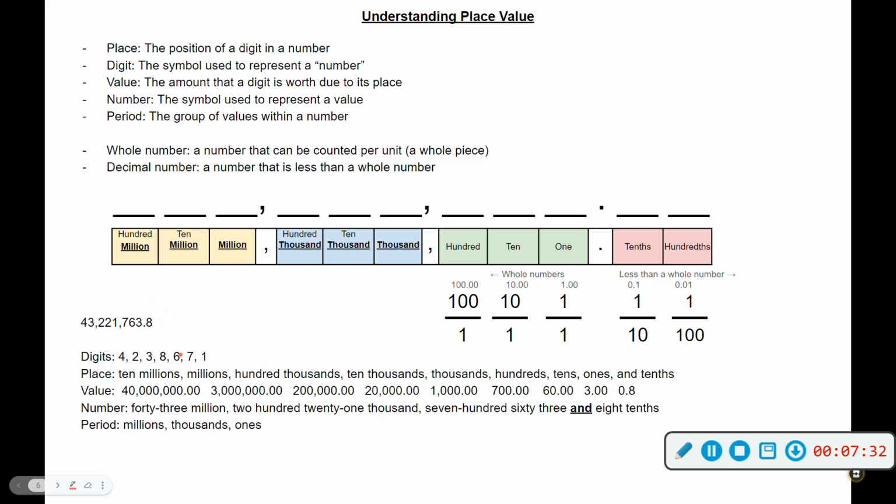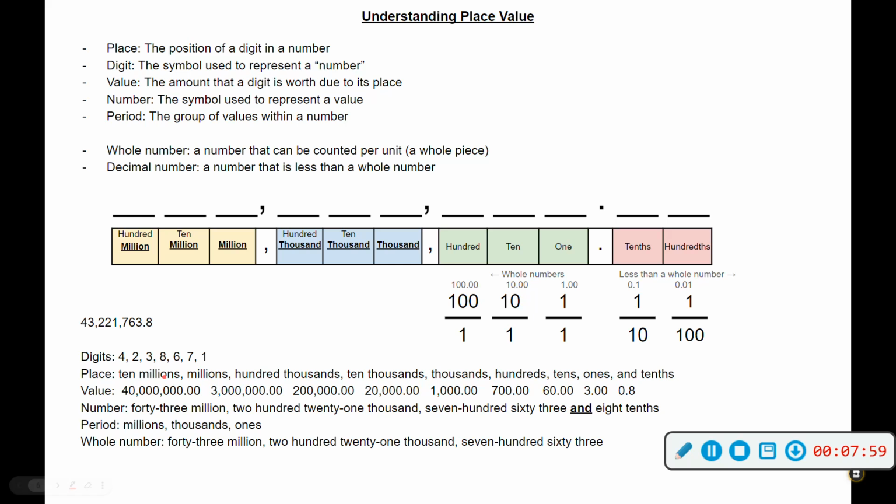If I were to look at what periods they occupy, I see that the period is in the millions, the thousands, as well as the ones, and then I also have a decimal. If I were to look at what kind of whole numbers there are, I could see that 43 million is one. I have a 221,763. All of those are whole numbers, even separated or as a whole number just in the ones place.